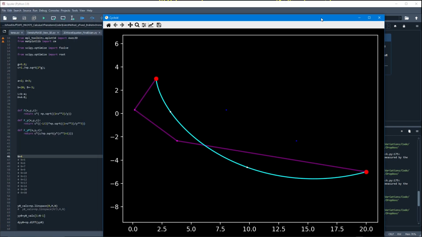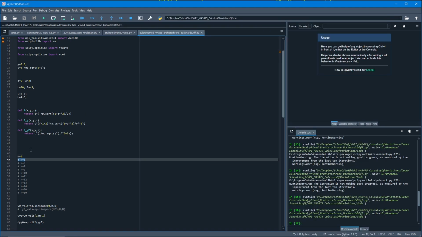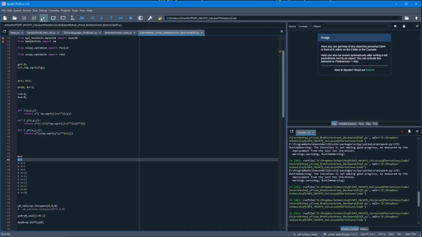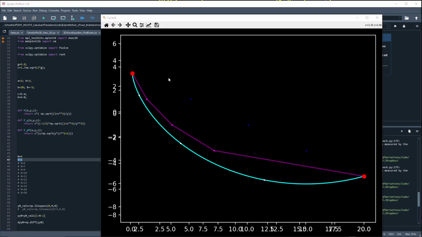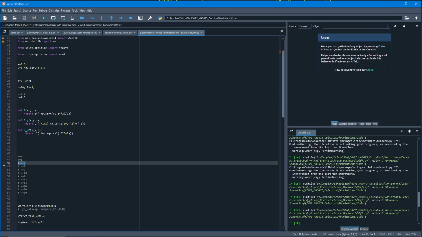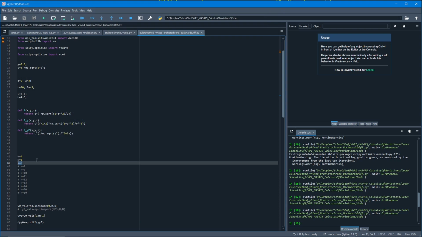But if we increase the number of points to n equals 5, we get a slightly better approximation. If we increase to n equals 6, it seems to be converging to the actual solution.